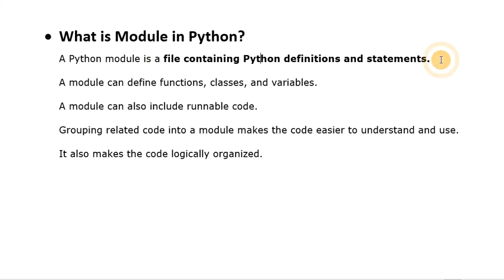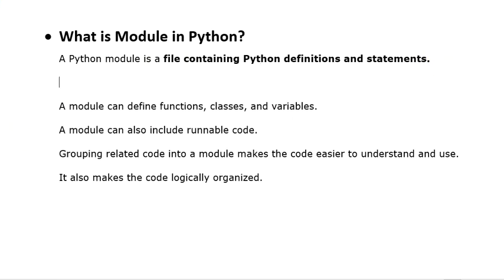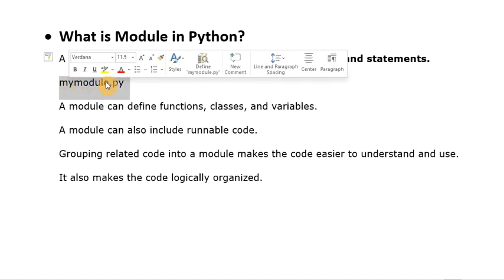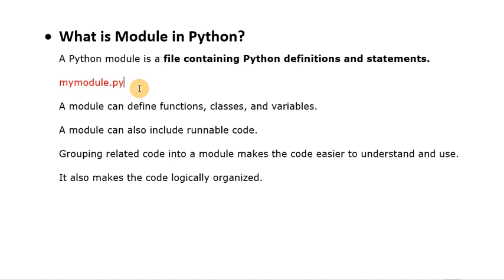Let's suppose we have created one file like my module dot py. This is the Python file, and this file can work as a module. Then a question comes: what kind of content are we going to have in this file? This file can have anything: any Python related functions, a few data members, or properties, and it can have classes. All those things we can have inside this module.